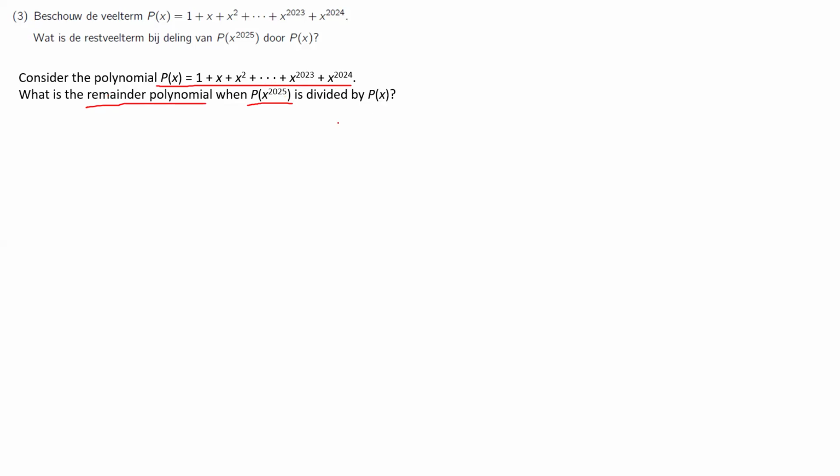Okay, so we can just write P(x) to the 2025th power equals Q(x), the quotient polynomial, times P(x), plus R(x). R(x) is the remainder polynomial.